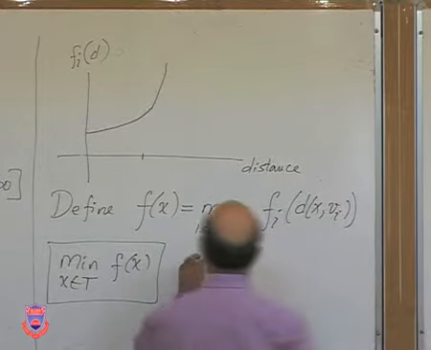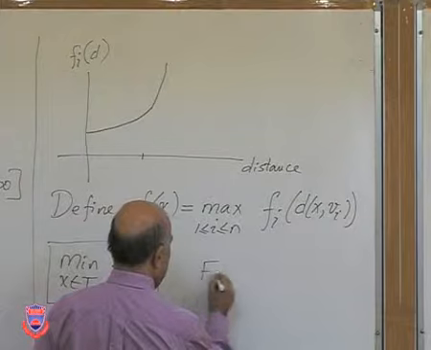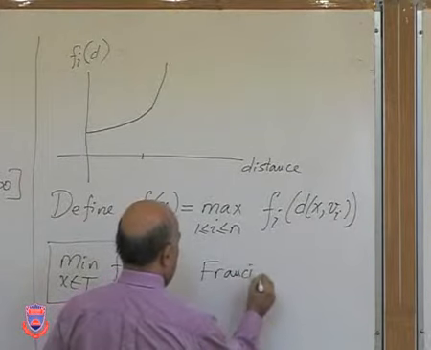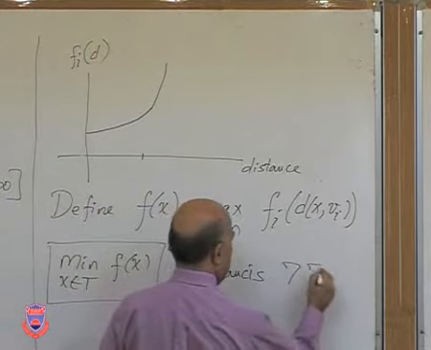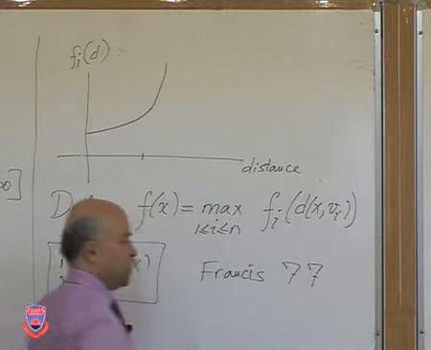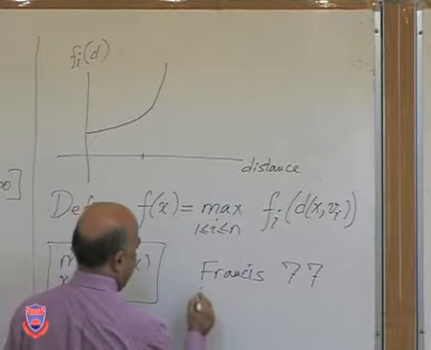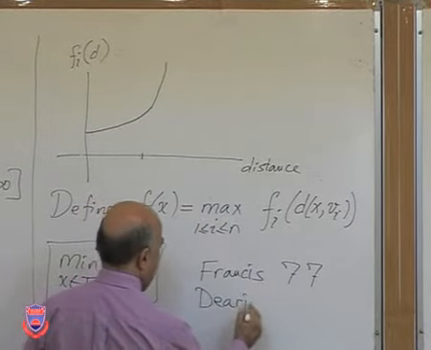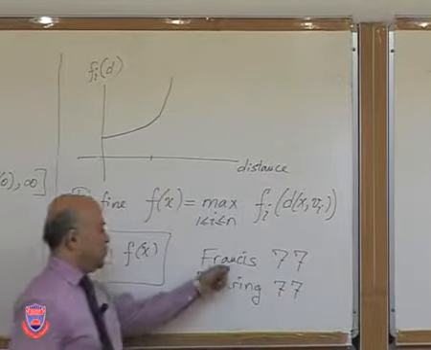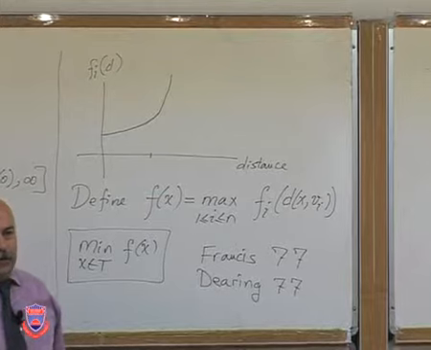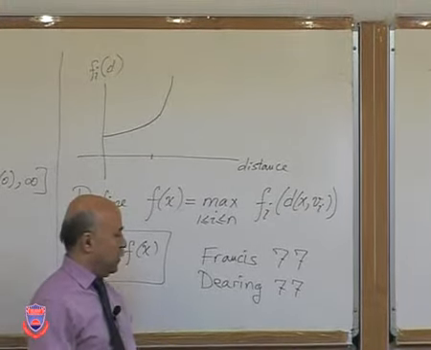So for that reason, this is a good paper. It's analyzed in a 1977 paper of Francis. There's a related paper due to Deering as well, and these two are published in the same journal, the Journal of Research of the Bureau of Standards, one after the other.